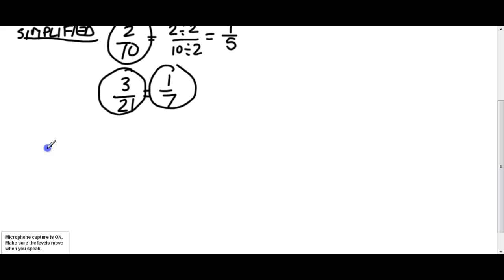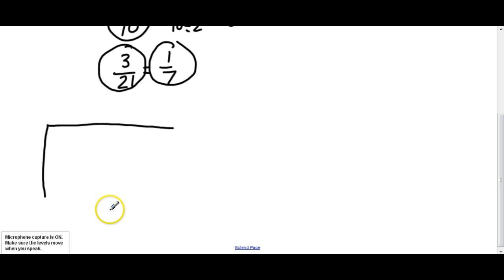Okay, so let's just look at some examples of converting between fractions, decimals, and percents. I'm just going to make a little chart here. I know the lines aren't the straightest.